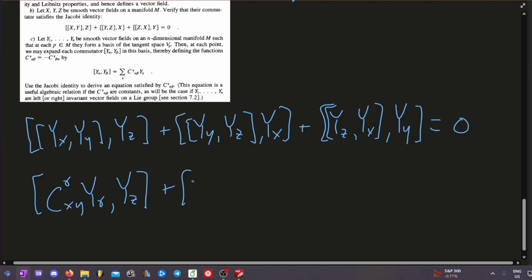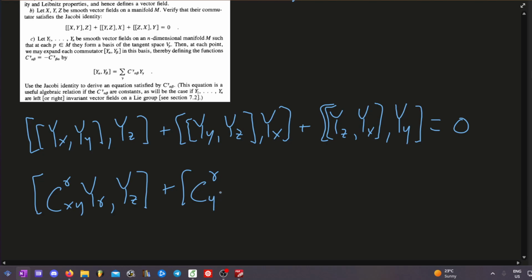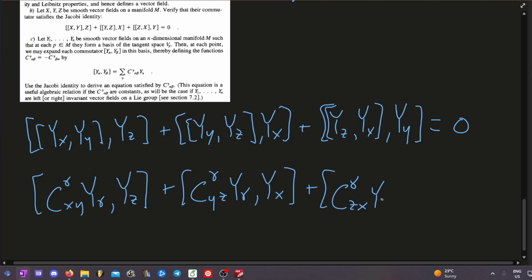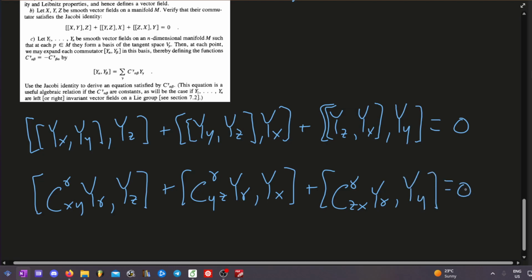So replace this inner commutator with C gamma yz, y gamma, comma yx, and then this last commutator is going to be C zx, with the gamma upstairs, y gamma, comma y y, and this all still equals 0.